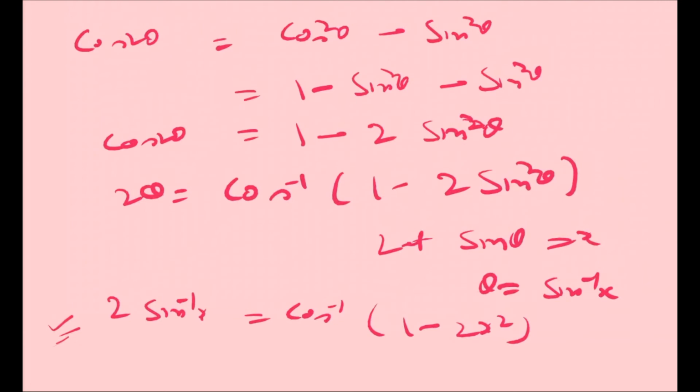Now I am telling you so many formulas about 2 theta. Now we are writing about sin 3 theta. What is the formula of sin 3 theta? That is 3 sin theta minus 4 sin cube theta.